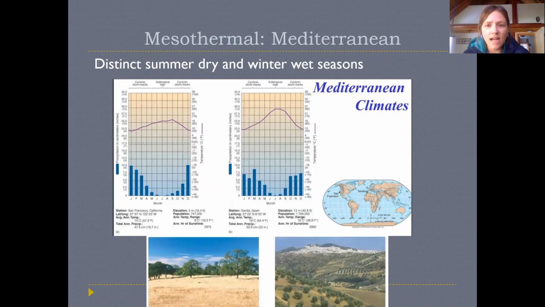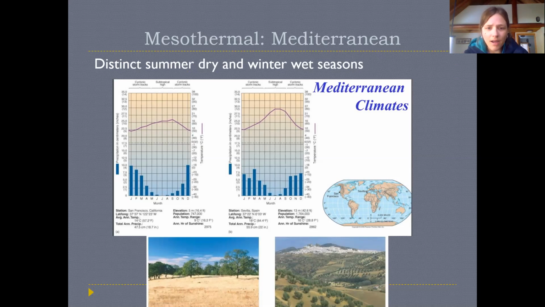So these zones, as we've already said, are characterized by overall moderate climate, not too hot, not too cold, but then this distinct seasonal rain pattern where we have a big lack of rain in the summertime. And as you may have experienced around here, we may go like 3 or 4 months with no rain at all. So organisms have to be adapted to deal with that lack of water during that seasonal part of the year.